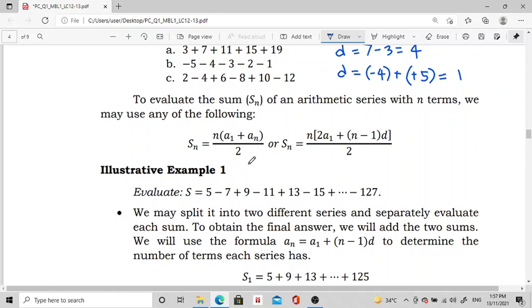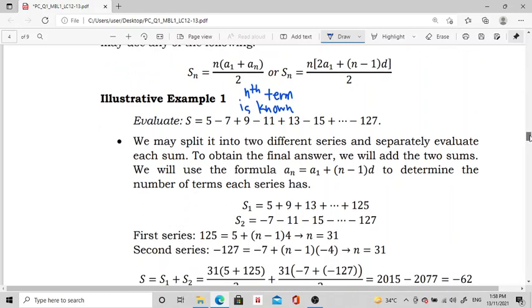We use this formula when the nth term is known. Otherwise, we use this formula instead. Pag di natin alam yung nth term, this is what we use. Provided alam natin kung pang ilan siya, di ba? We know the position.